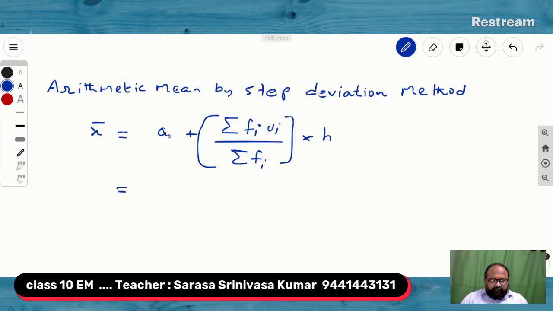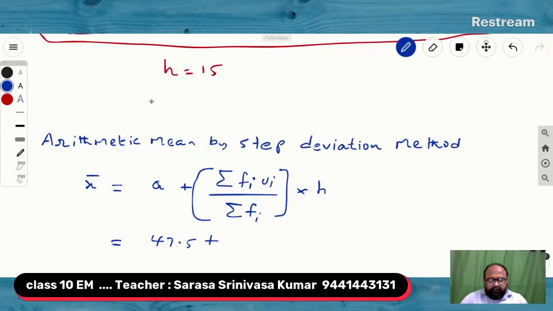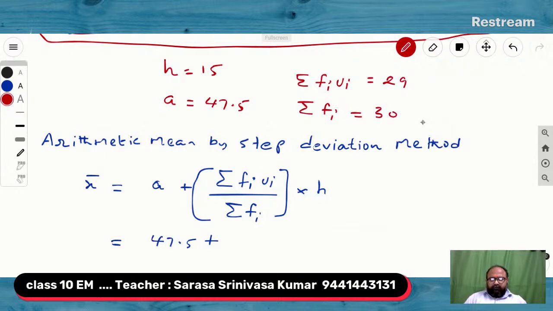We have taken the assumed mean as 47.5. Here we have A equal to 47.5, sigma Fi Ui equal to 29, and sigma Fi equal to 30.